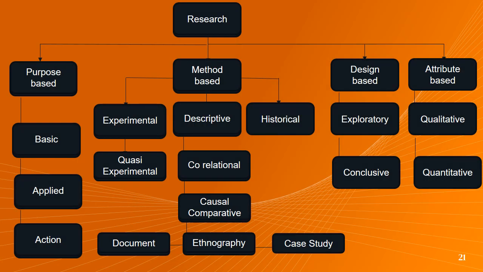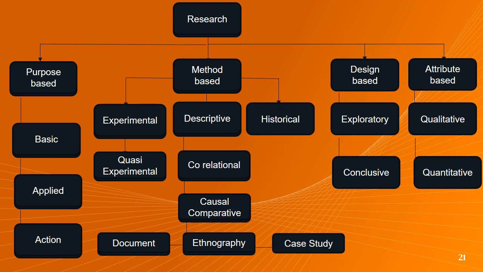Now let's have a quick review of the types of research, that is 4 criteria: purpose based, method based, design based and attribute based. Purpose based, for the knowledge sake, basic research is there, and for problem oriented, applied and action research. Methodology used, first is experimental and into that quasi-experimental.